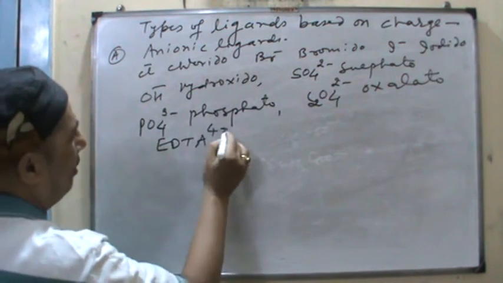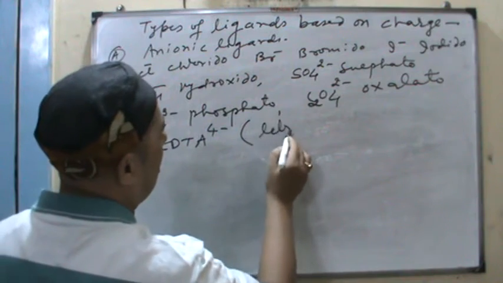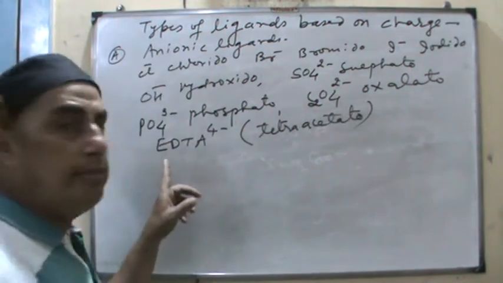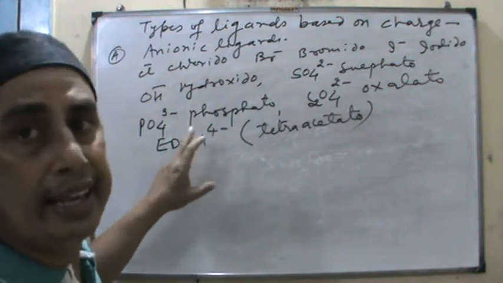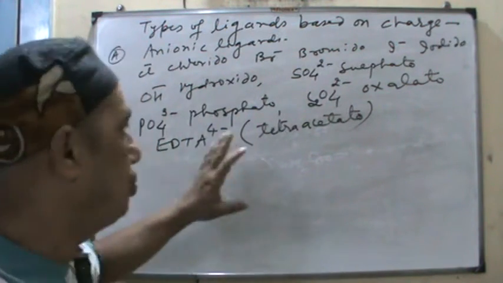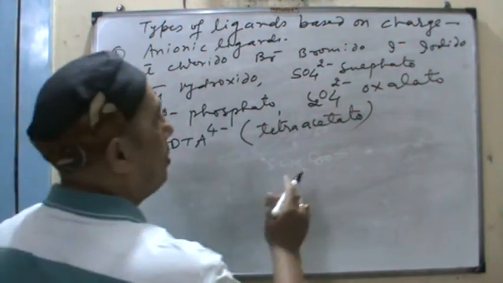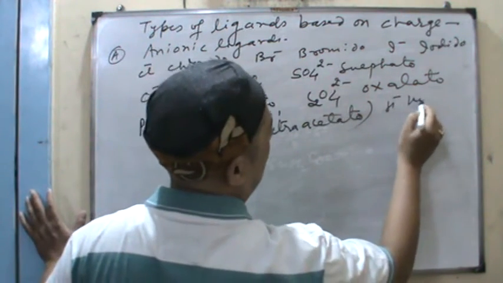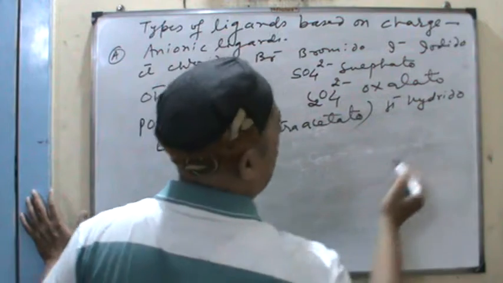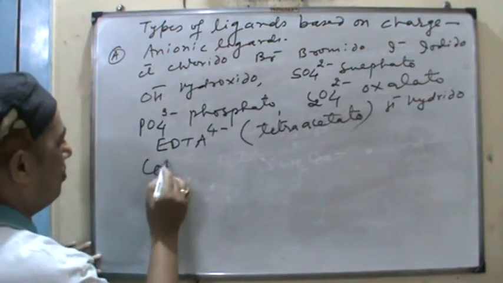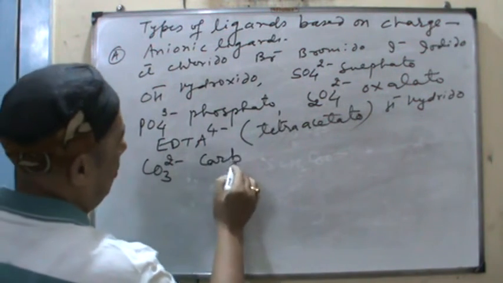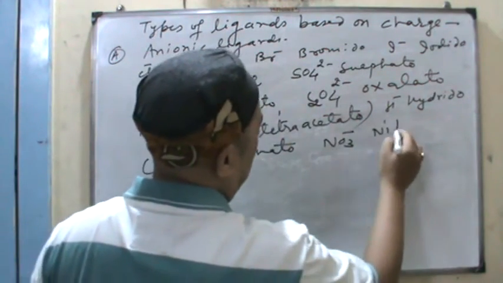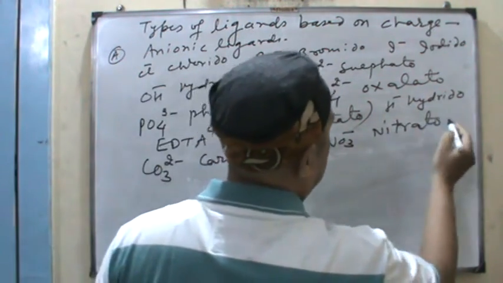EDTA4 negative, ethylene diamine tetraacetato. You have to write the full name. EDTA means ethylene diamine tetraacetato. Then next you can see H negative, hydrido, right? CO3 2 negative, carbonato. NO3 negative, nitrato.